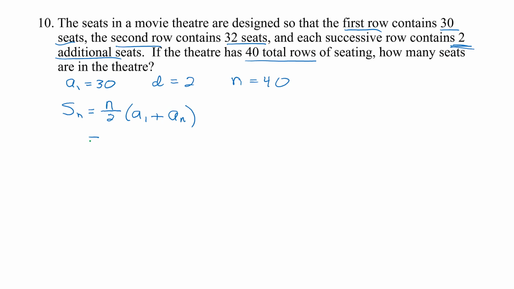Well, we know that n is equal to 40. We know that a sub 1 is 30. What we don't know is what our last term is, which would be a sub 40. So to find our 40th term, another formula you should know is that a sub n equals a sub 1 plus n minus 1 times our common difference d. In this case, we're trying to find a sub 40.